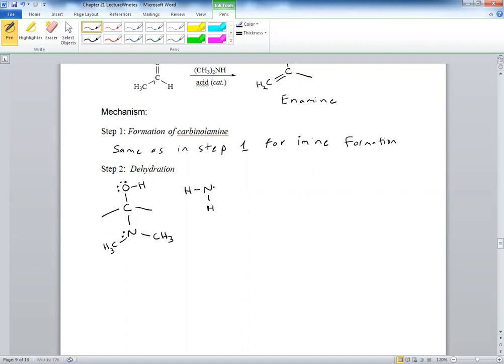Protonated secondary amine, because we need a leaving group. And that leaving group, the OH, will be water, a great leaving group.